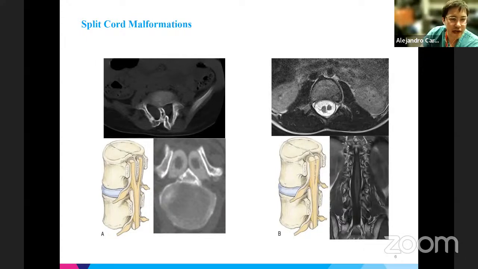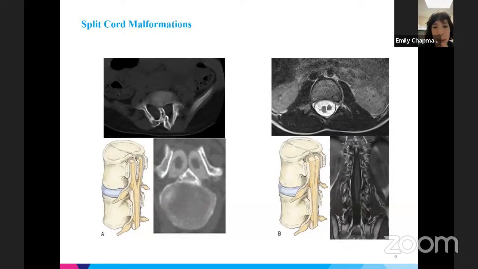For some of those who are in their board studying, maybe Emily, do you know what kind of split cord malformations these are on the right and left? So on the right here, looks maybe like a type 1.